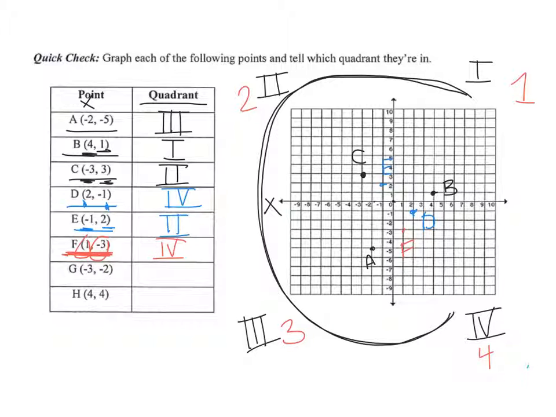G is go left 3, down 2, label it. It is in quadrant 3. And the last one, H, is right 4, up 4. It's in quadrant 1.